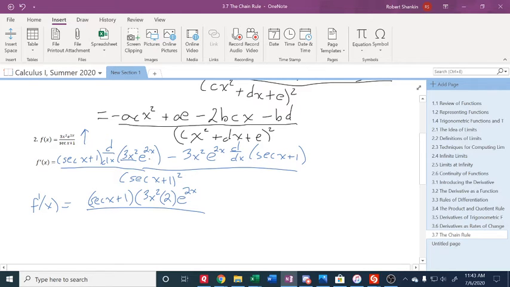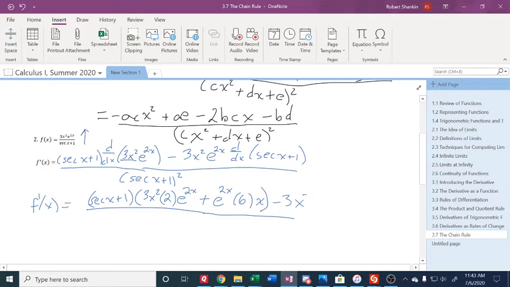So the derivative of e to the kx, we had stated as a rule, was k times e to the kx. And then plus the second times the derivative of the first. And that's going to be 6x. And so that's expanding out what was in this derivative.